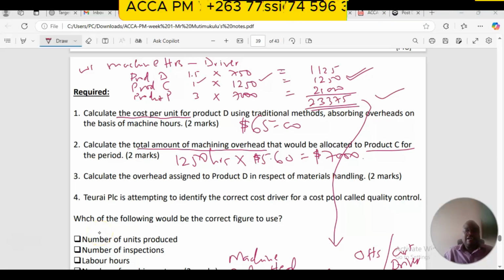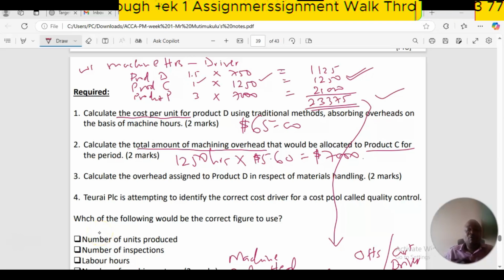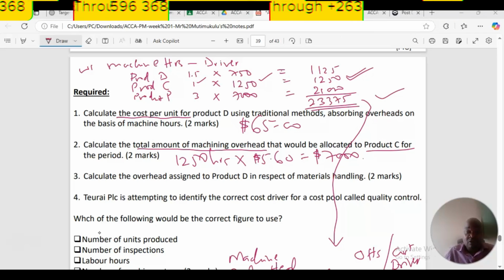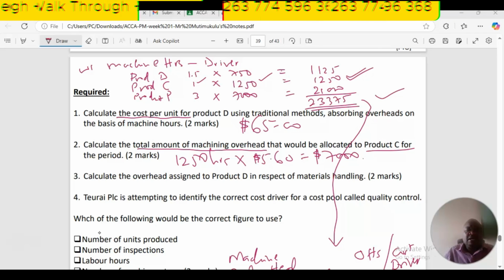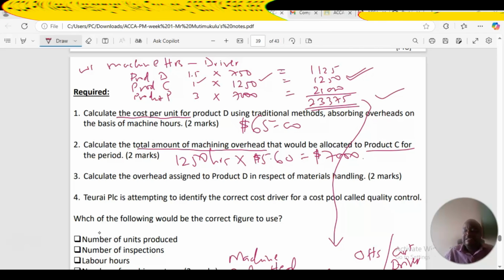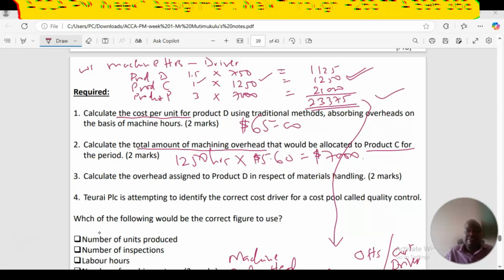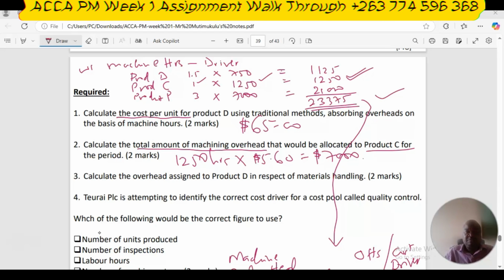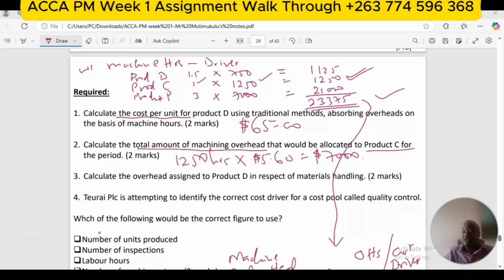Okay, guys, moving on. We are on part 3 of the question. Ladies and gentlemen, part 3 is just the same as part 2, but to cement our understanding of part 2, part 3 is going to assist us. So we are going to do the same thing.